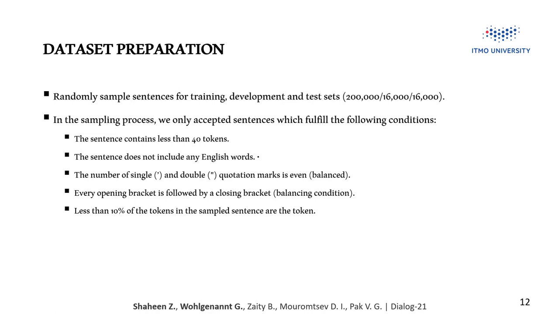And we accepted only sentences that fulfill the conditions: sentences with less than 40 tokens, that don't include English words, have an even number of quotations, are balanced according to brackets, and contain less than 10% unknown tokens.